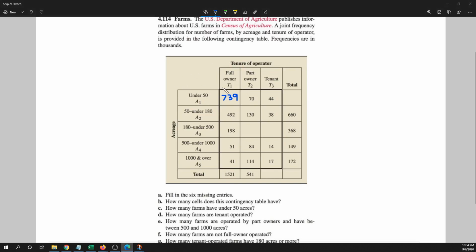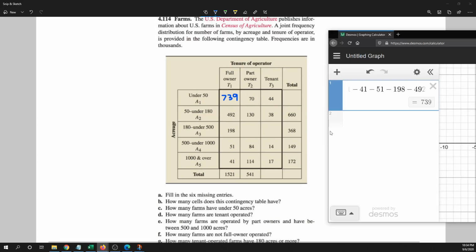All right, and then we can sum across this row to get this total, right? So add these 3 numbers up. We would get 739 plus 70 plus 44. So 853.